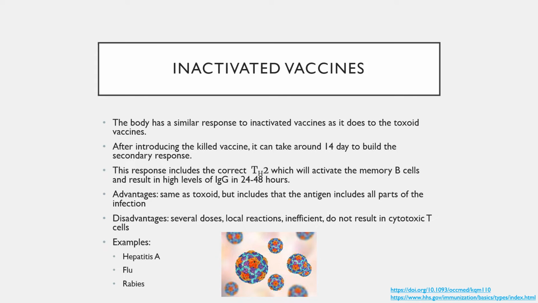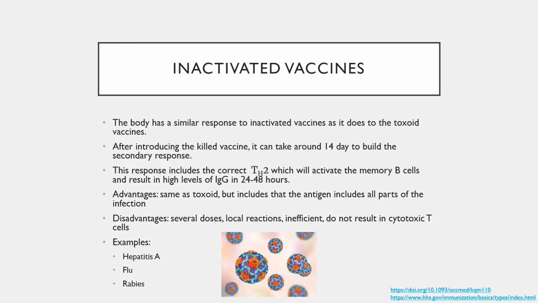Some of the advantages are the same as toxoid, which included no reverse virulence, cannot spread to other people, and stable in many conditions. But it can also include that the antigen includes all parts of the infection.